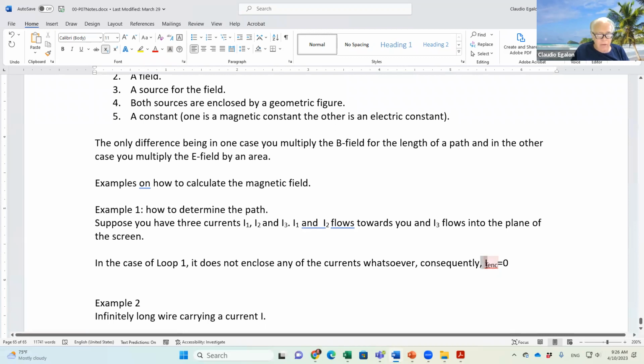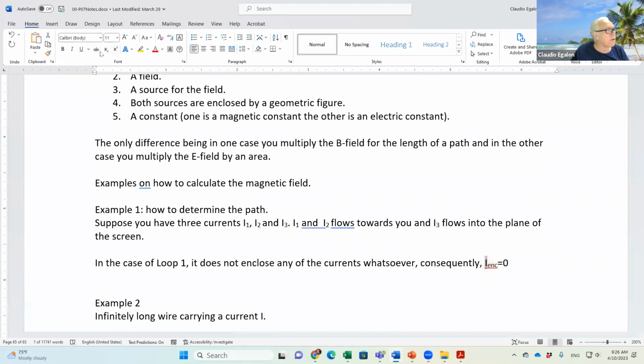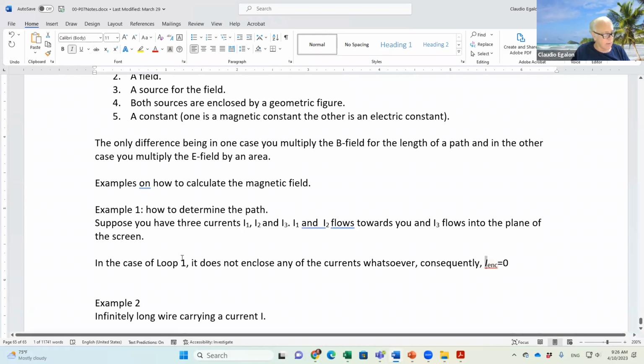I'm going to italicize this I here so it looks better. Italics, italics.